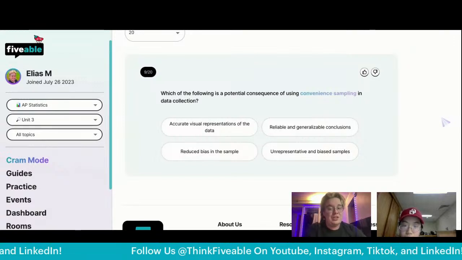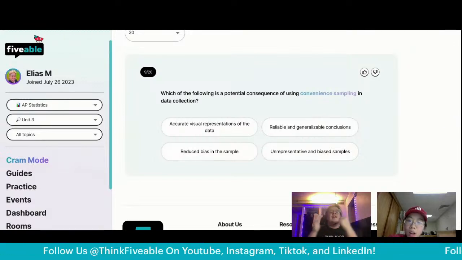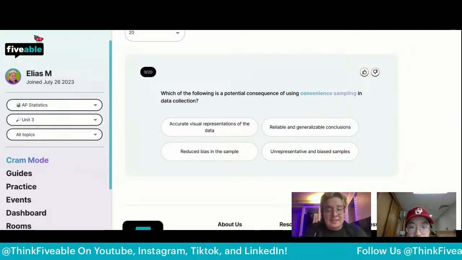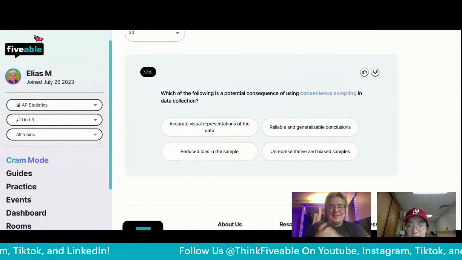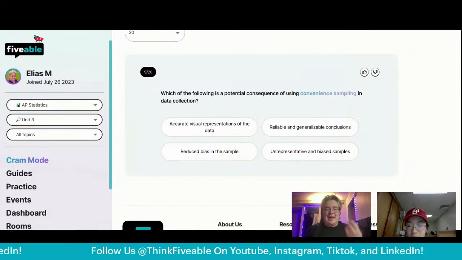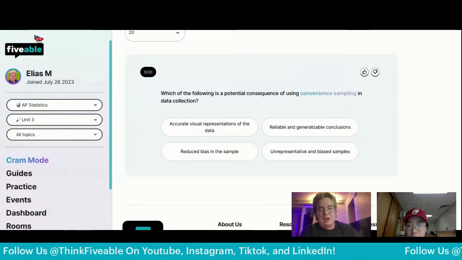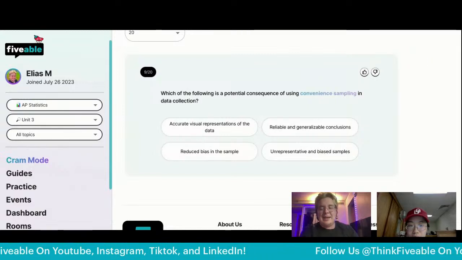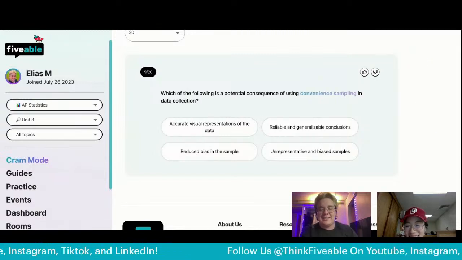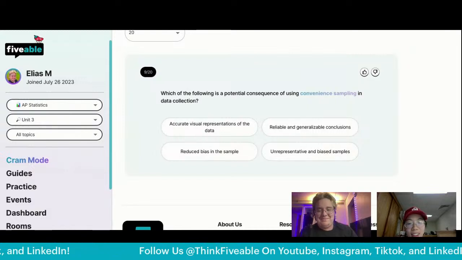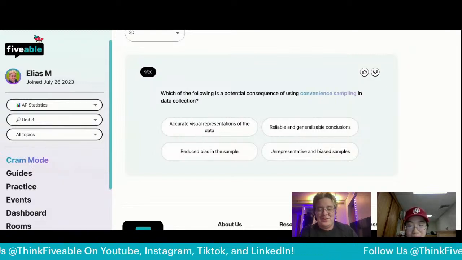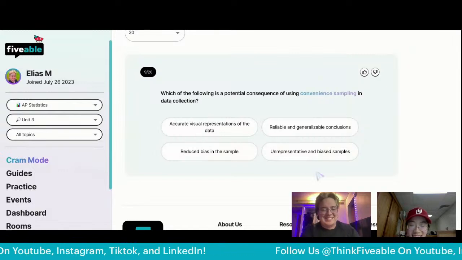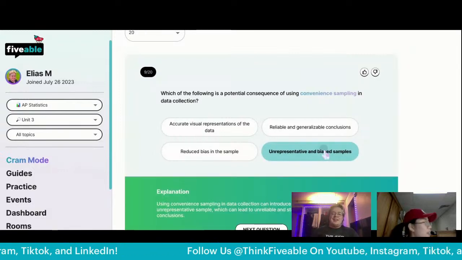Which of the following is a potential consequence of using convenience sampling in data selection? Convenience sampling. It's convenient. How does that bring in bias? Oh, shoot. How does that bring in issues? Ignore that I just said that word. Guys, fun fact, it's the bias. It's the word I didn't think about not using.